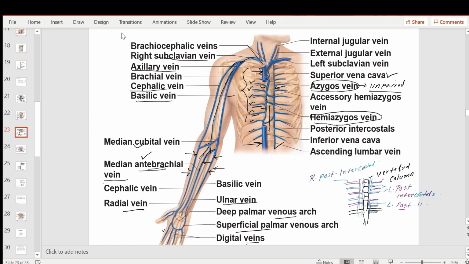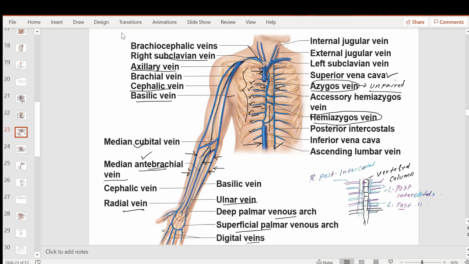The superior hemiazygos is also more commonly known as the accessory hemiazygos vein. So the accessory hemiazygos vein is the upper one, and those are the veins in the thoracic part.